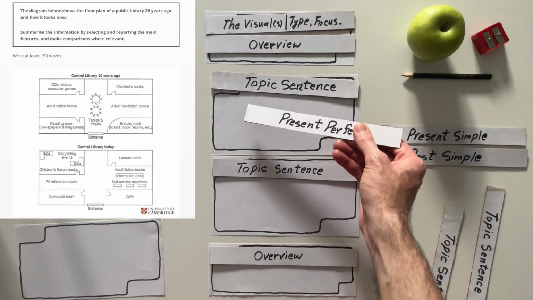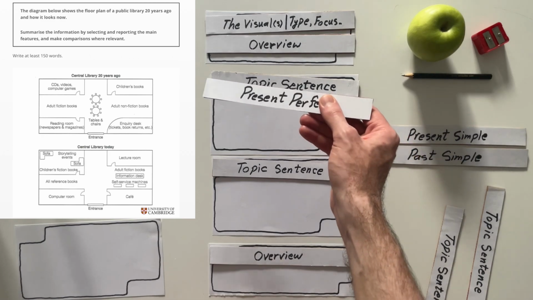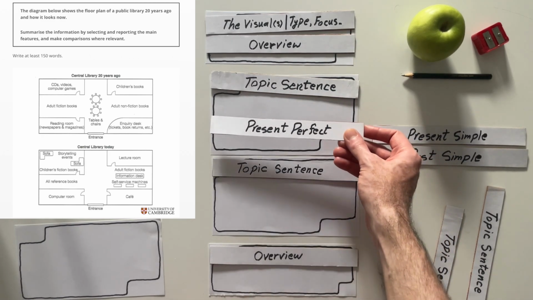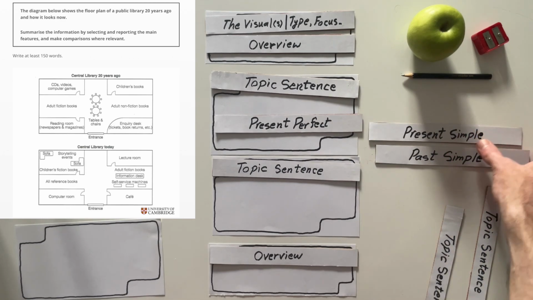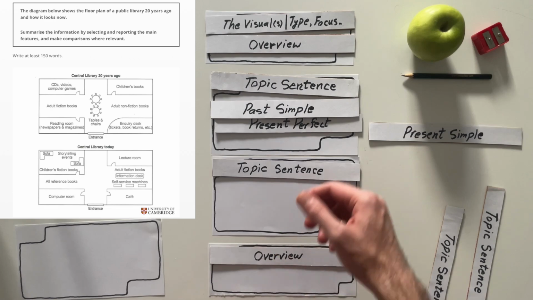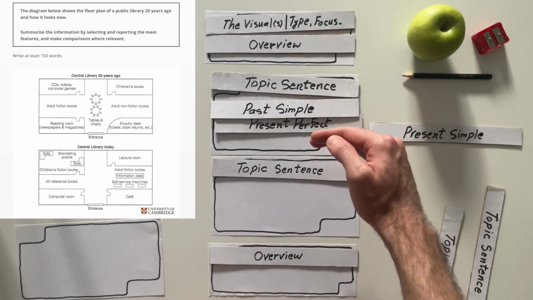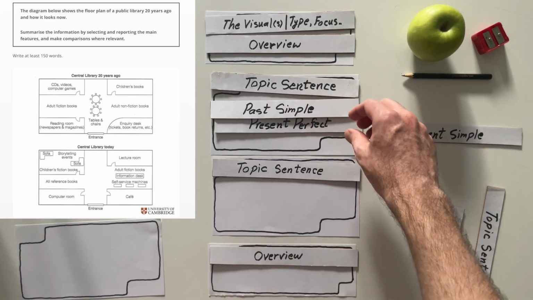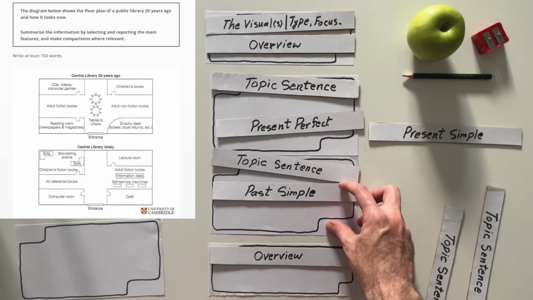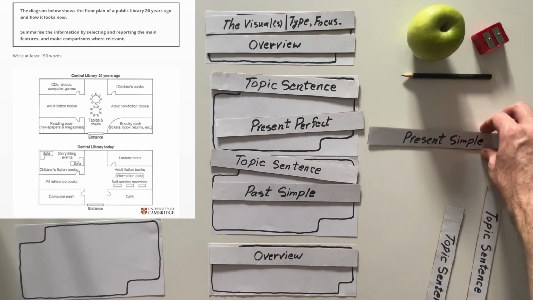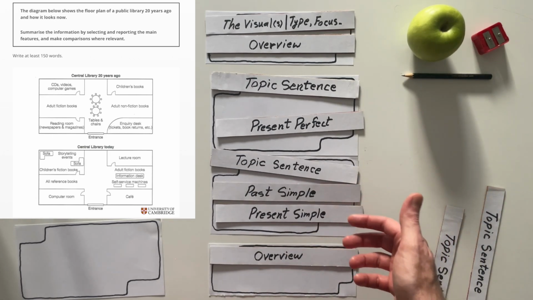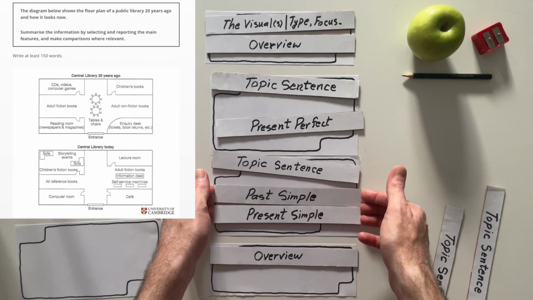If something used to be something in the past, 20 years ago, but now it's different, make sure you use present perfect and past simple together. Something that was and it has changed. Or you can use another duet. It was something, but when you look at it now, it is something else. You can use another duet like this with past simple.